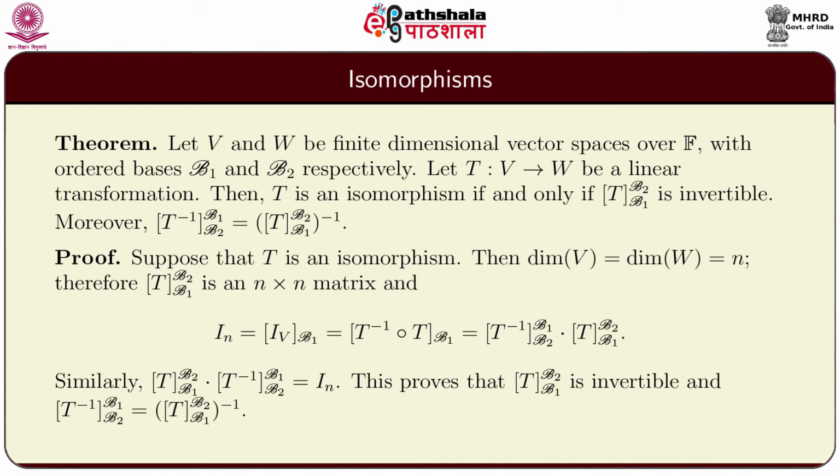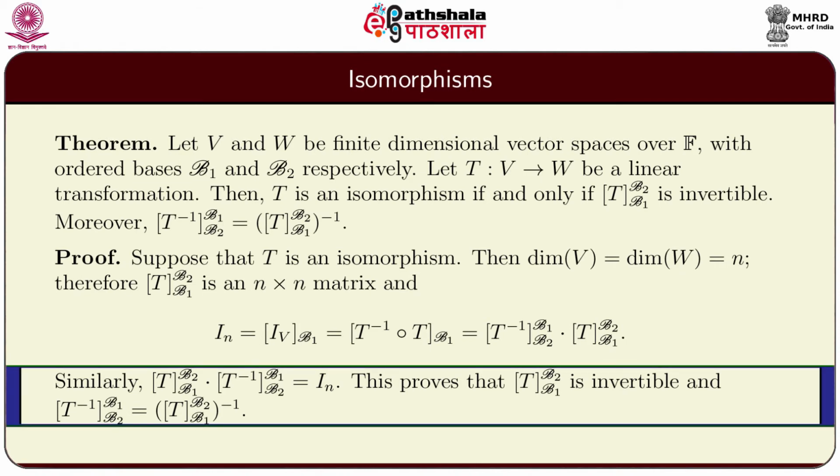Therefore, we have proved that the product of these two matrices, the matrix of T inverse and the matrix of T with respect to the bases B1 B2, is IN.